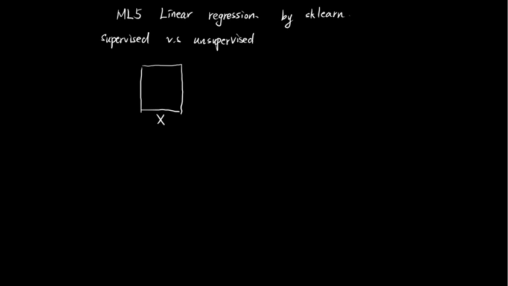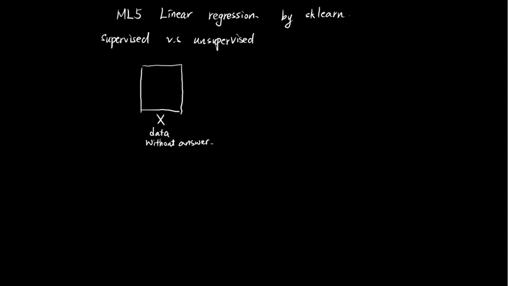And X is a collection of data. Somehow it does not contain the answer. So for example, you can imagine that this is the feature of a picture, and the answer can be either a dog or a cat, and somehow this one does not provide the answer.